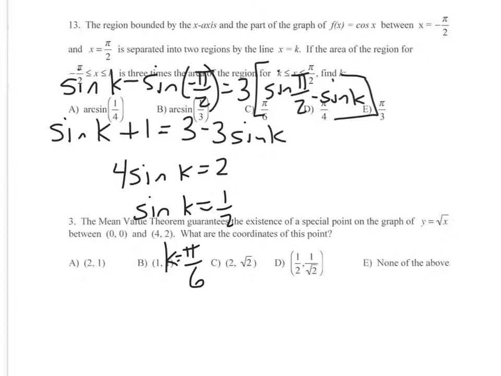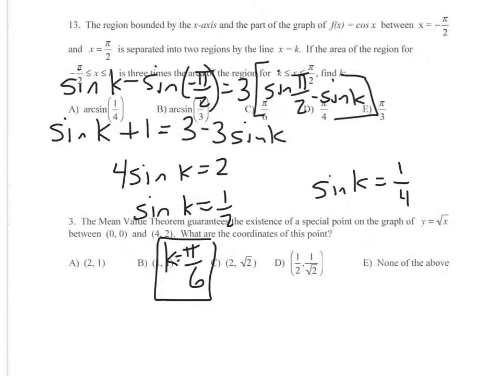I did want to look at a couple of the other answers. Okay, so we have solved that. It's pi/6. Those first two answers, A and B, arc sine is a math term. If we had come out with sine of k equals 1/4, for instance, there is no easy angle that gives you a sine value of 1/4.